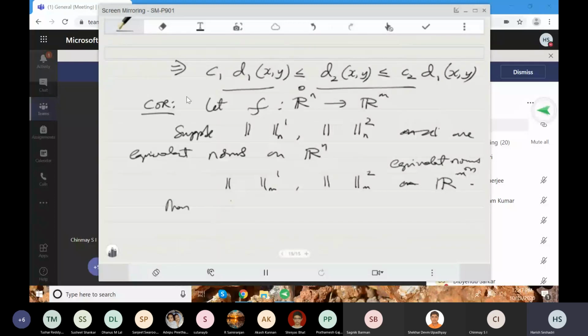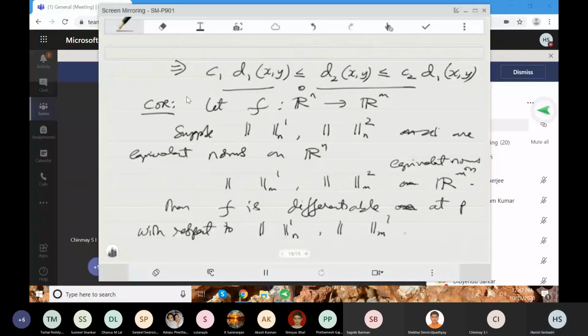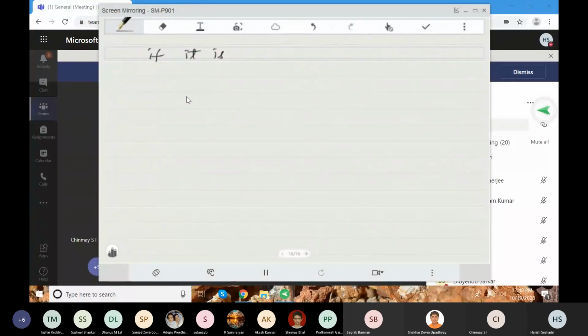Then f is differentiable at P with respect to the first pair, norm 1 with respect to this, if and only if it is differentiable with respect to the second pair.